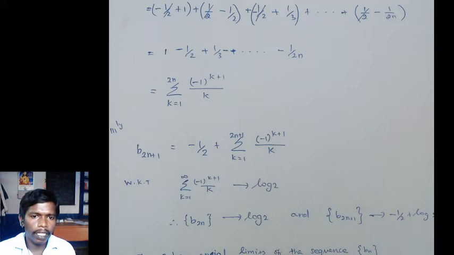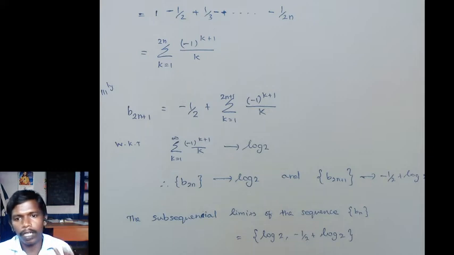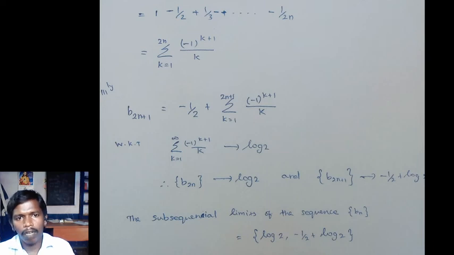If you consider the subsequential limits of b_n, definitely the limit of b_2n and the limit of b_(2n+1) are the only subsequential limits for the sequence b_n. If you take any other subsequence of b_n, if it converges, then it will converge to either the limit of b_2n or the limit of b_(2n+1).